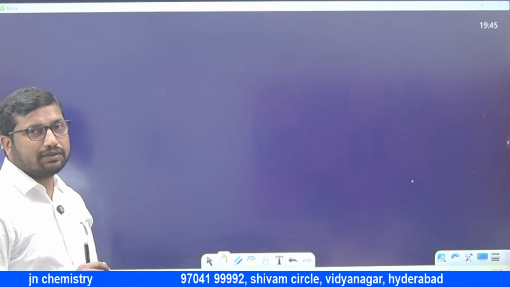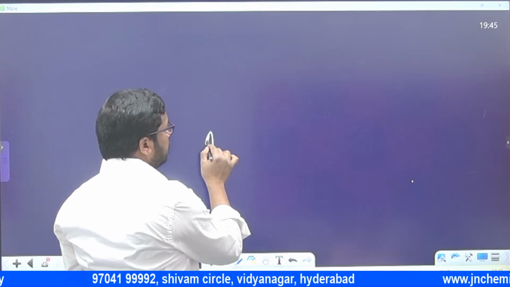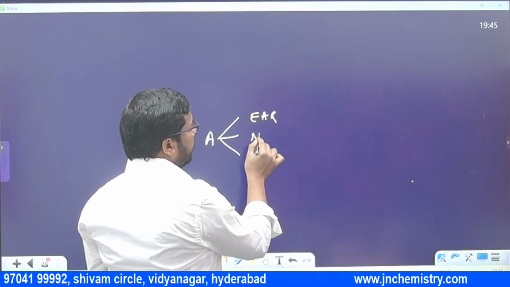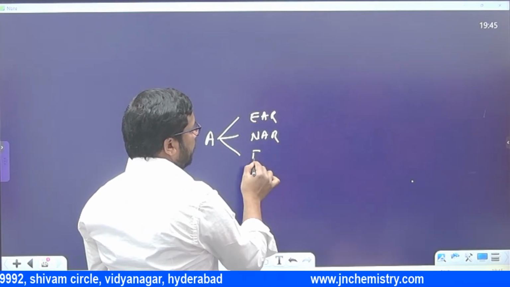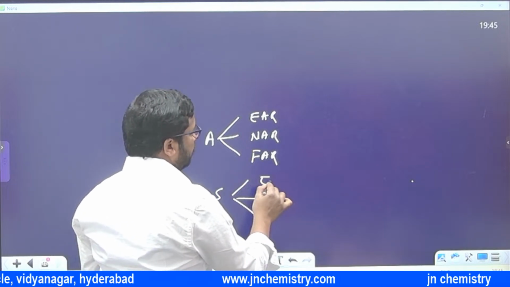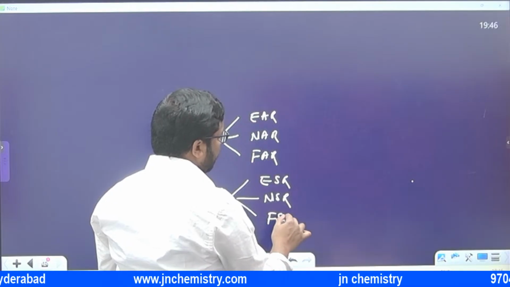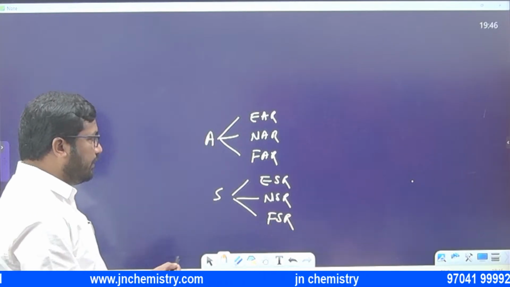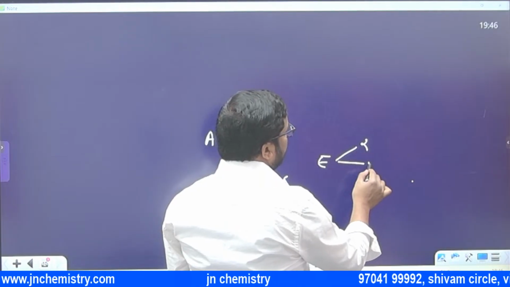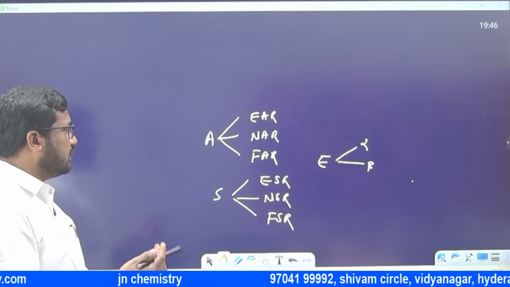Addition reactions we discussed, three types: electrophilic addition, nucleophilic addition, free radical addition. Substitution: electrophilic substitution, nucleophilic substitution, free radical substitution. Elimination reactions, alpha, beta. Beta once again E1, E2, E1CB, that we will discuss later.